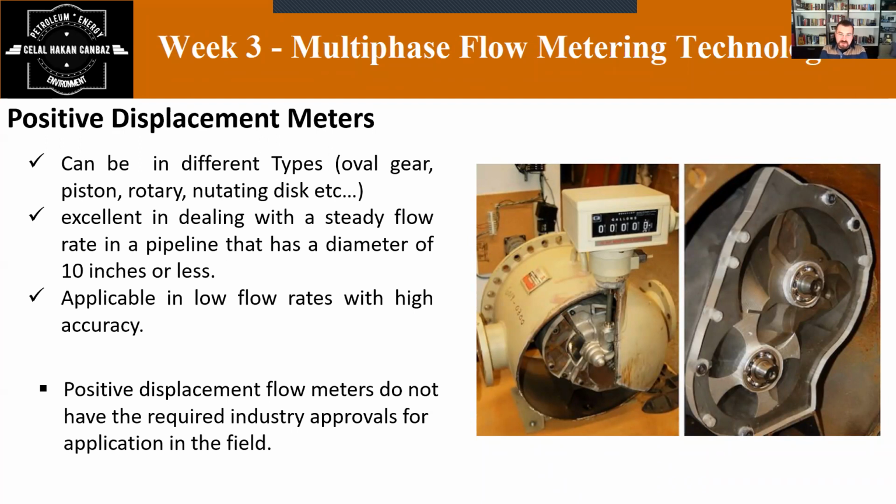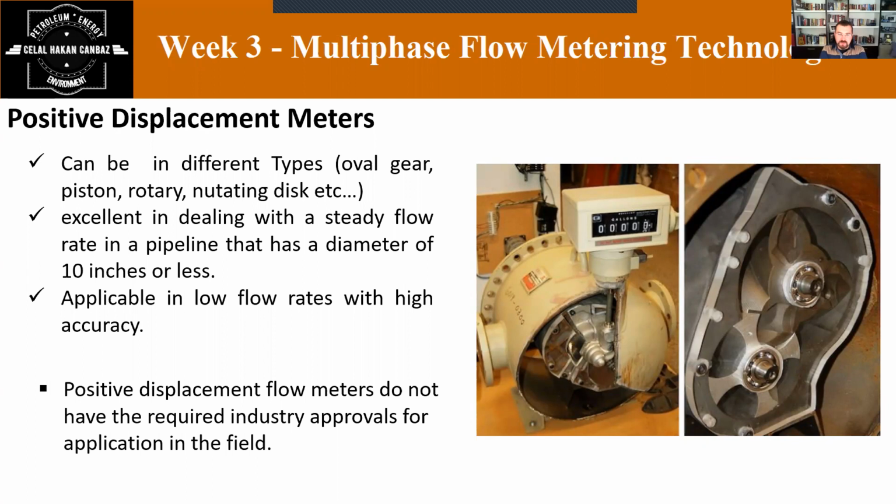Another thing is they are excellent in dealing with a steady flow rate in a pipeline with a diameter of 10 inches or less. Above 10 inches, it creates problems and increases the uncertainty in your data. But below 10 inches, if you have a steady flow, you can get good results.